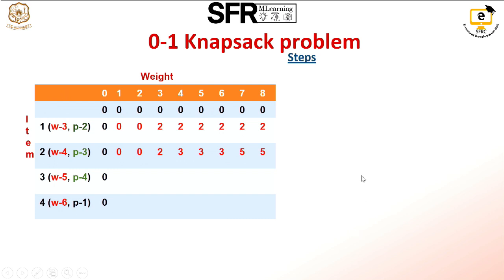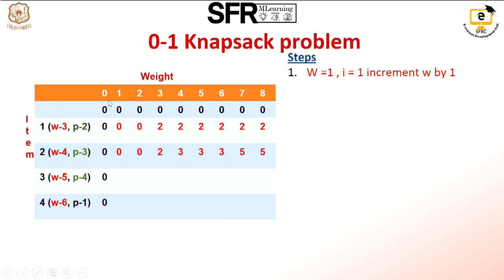We can solve this problem by using the dynamic programming approach. Let us see the steps to fill these cells. First, initially take the weight of the sack as 1, and we have only one item, item 1. The sack has capacity 1 and the weight of the item is 3, so we cannot put it here, so we put 0.